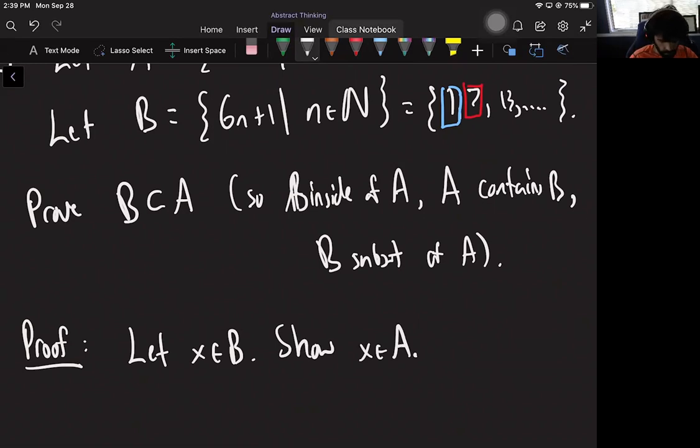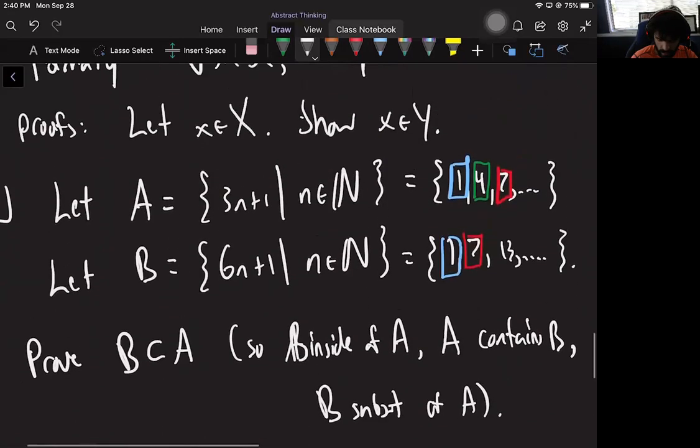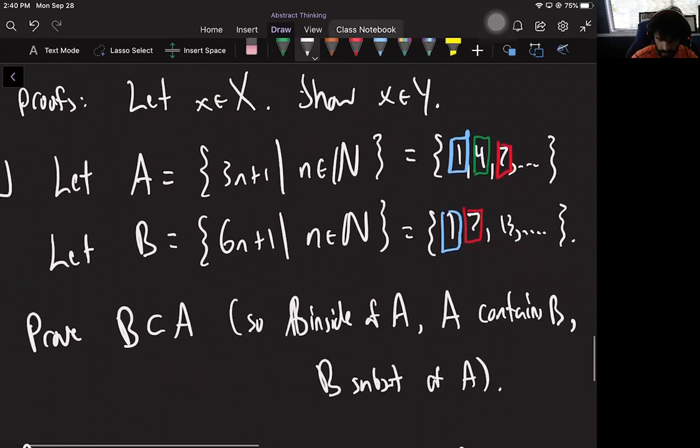Okay, so all we do is say what it really means for x to be in B. So what can I say if I have something in B? Well, I'm not saying it's a specific number like 1, 7, 13. I'm just saying it's some element in there.